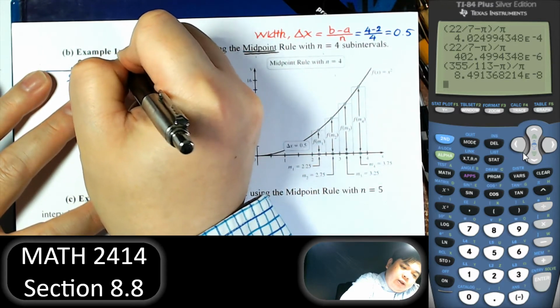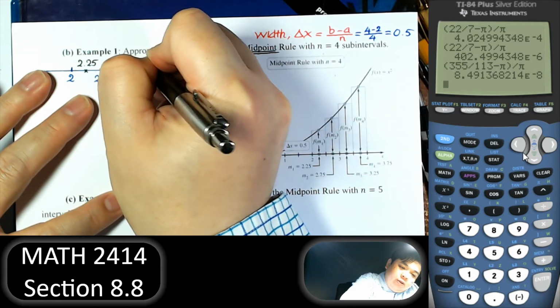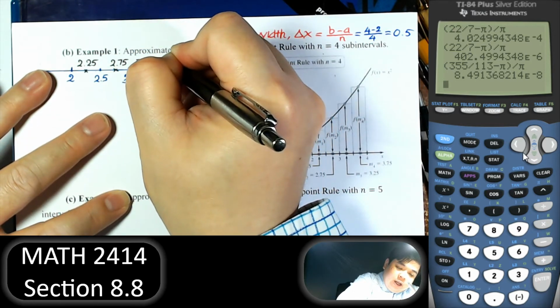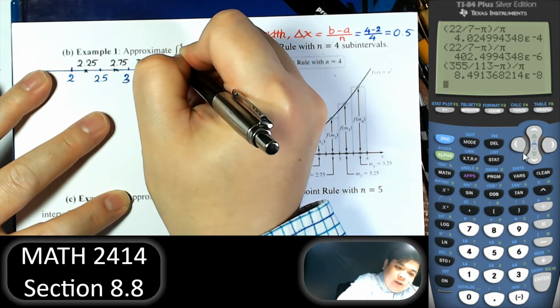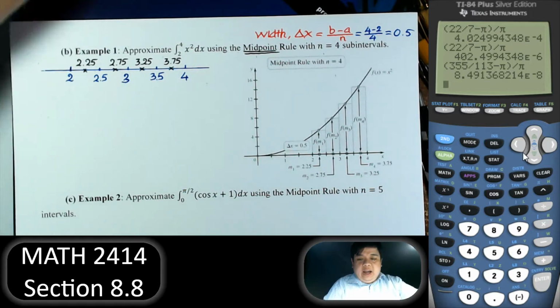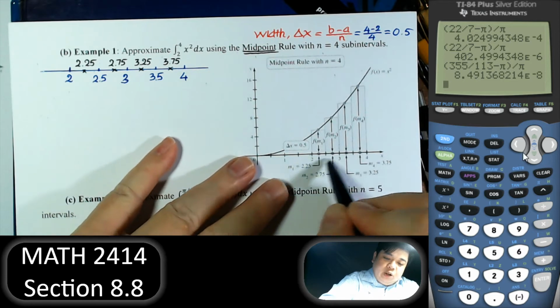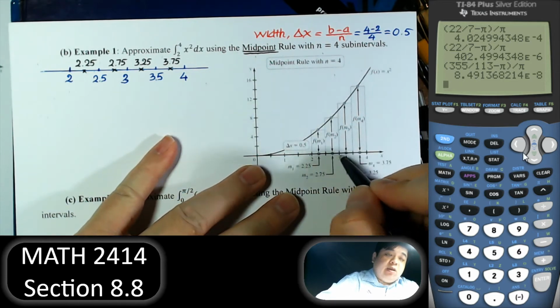Then 2.75, 3.25, and 3.75. So those are the midpoints of the intervals. Here we have from 2 to 4, divided into 4 equal pieces, and then we find the midpoints.